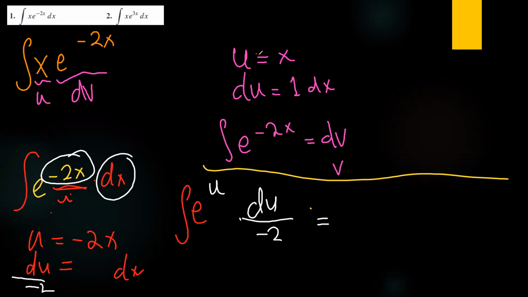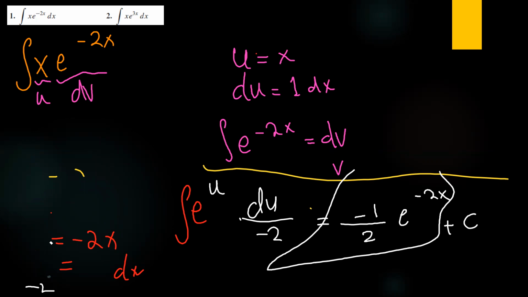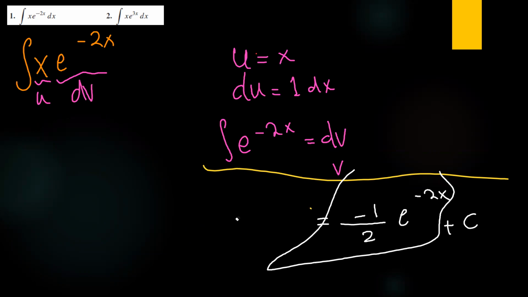Then the integration will be negative 1 over 2 e to the power negative 2x plus c. This is here the answer. So the integration of e to the power negative 2x will be negative half e to the power negative 2x. So we used our information in chapter 6 in order to find here the derivative of e to the power.